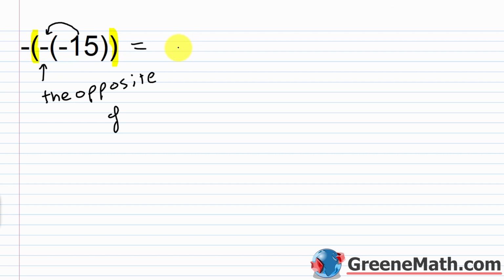So I'd have this negative out here, again asking for the opposite of, and then inside of parentheses just a 15. Then this negative, again asking for the opposite of, is telling me to change the sign of whatever's in the parentheses one more time. So what is the opposite of 15? Well, that's just -15. So very, very easy, but if you had a longer problem, it would be ridiculously time consuming.